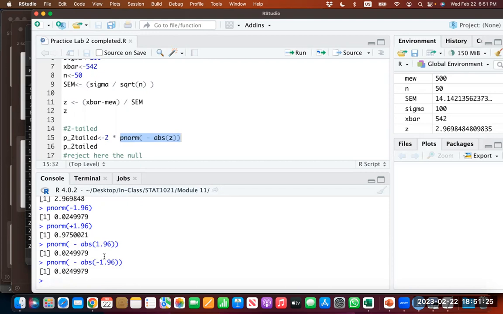Because it could be that, so you see how these two are different. So you want it to be negative, irrespective of whether the z that you're feeding into your formula is positive or negative. You always want it to be negative. The way to do that, to ensure with the absolute function that this always is going to be positive, and then you set it negative.